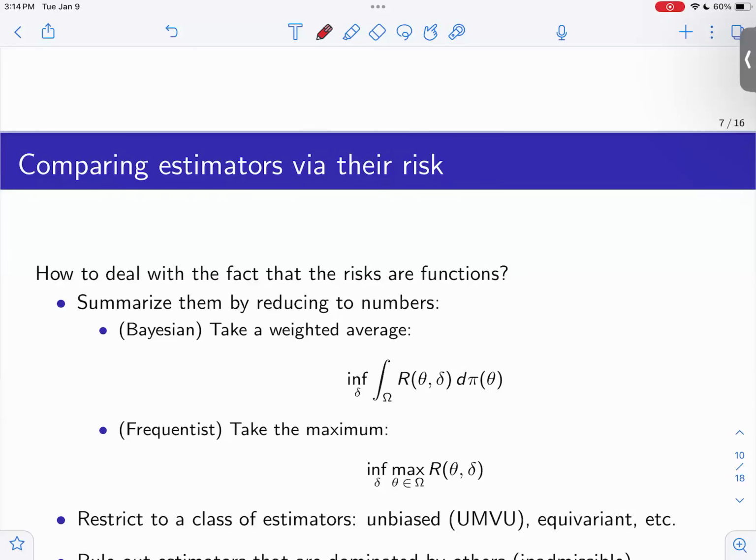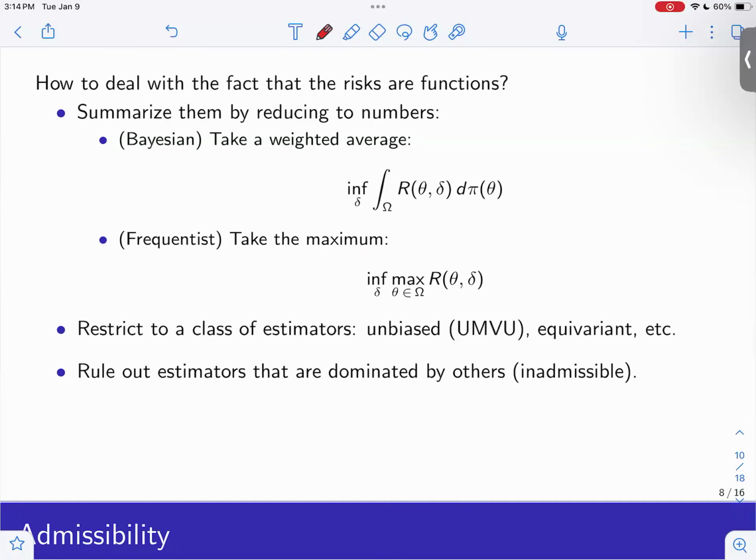You can think of it as the Bayesian approach. The Bayesian approach is not necessarily viewed this way, but if you are a decision theorist, you view Bayesian approaches as doing this. Frequentists usually don't treat theta this way. This is equivalent to assuming theta is random with this prior distribution, and frequentists don't like assuming theta to be random. So what they usually do is take the maximum risk.